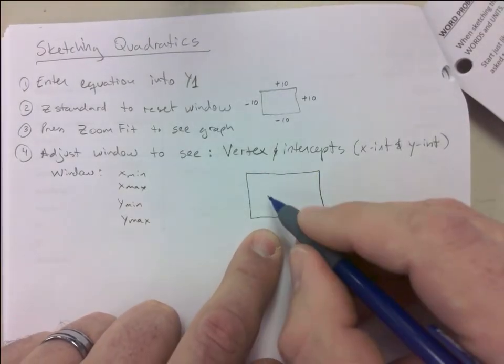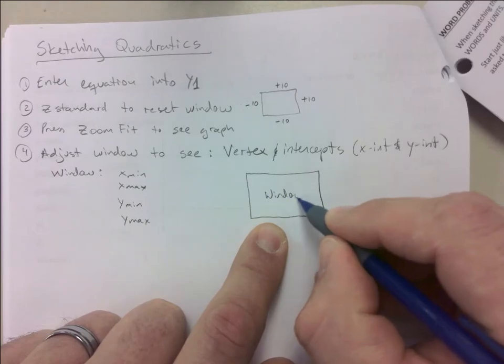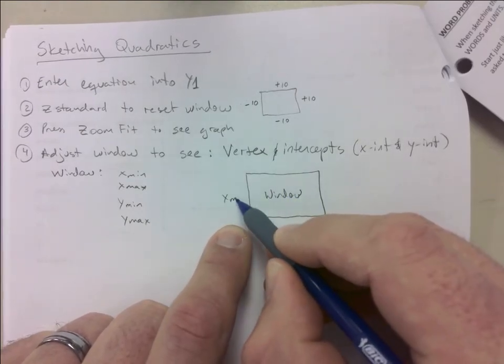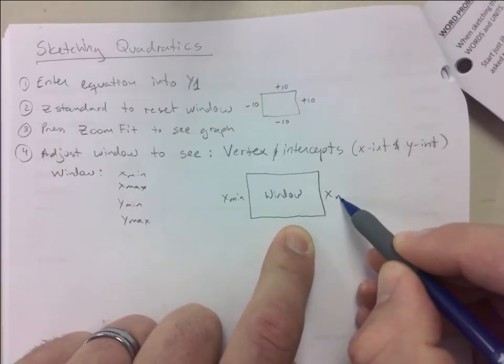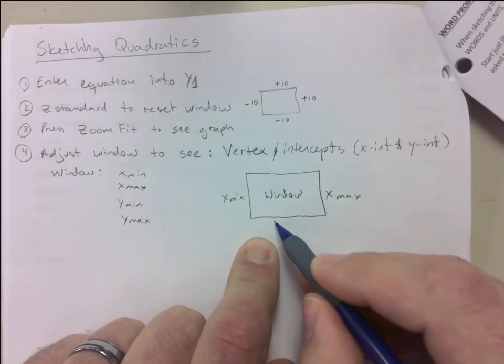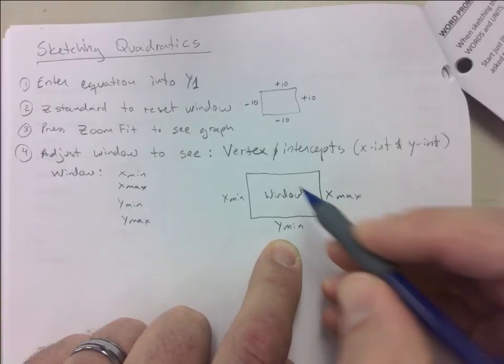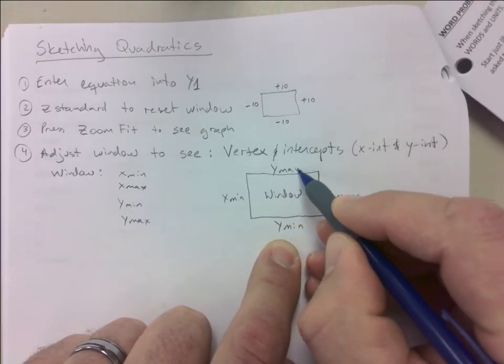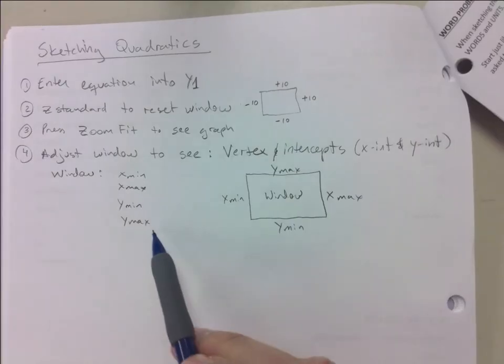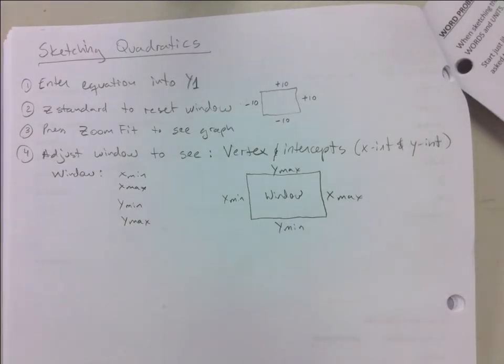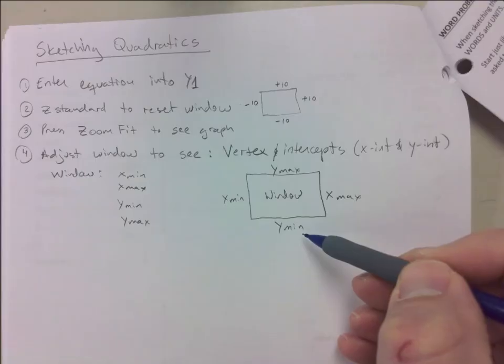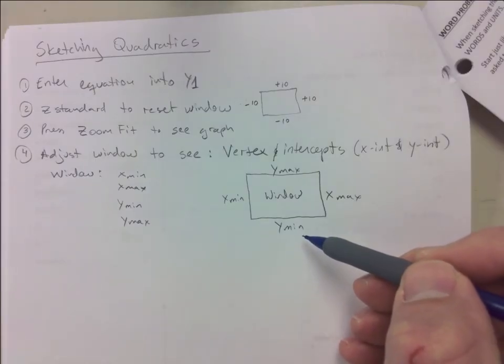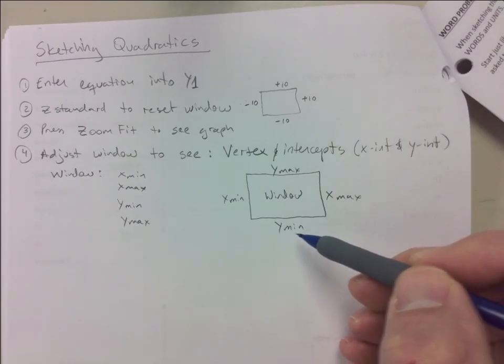And again, this is your window. This would be x min. This would be x max. This would be y min. This would be y max. So if you increase the y max, you're going to see more towards the top, page 31. If you decrease y min, right, you're going to see more towards the bottom of the screen.